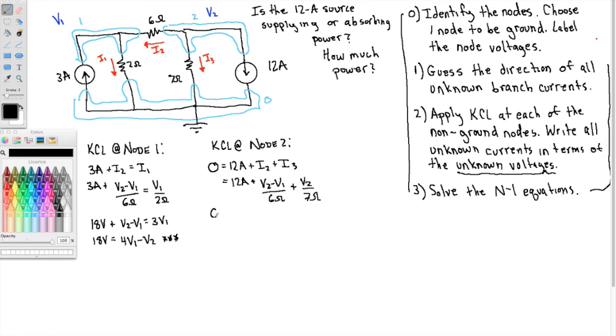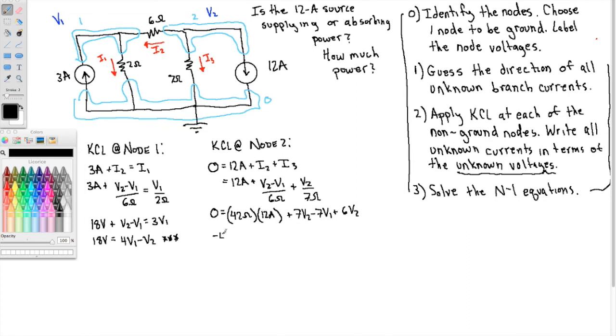So this is 0 equals 42 ohms times 12 amps, whatever that is, plus 7 V2 minus 7 V1 plus 6 V2. And I'll put it in the same form as this equation, so I'll move the constant term over.